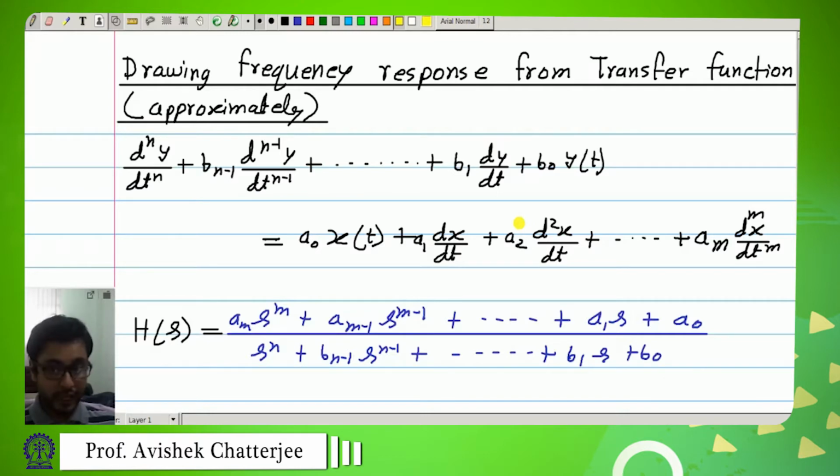Hello and welcome. Today we shall see how to draw the frequency response of a system from its transfer function approximately.